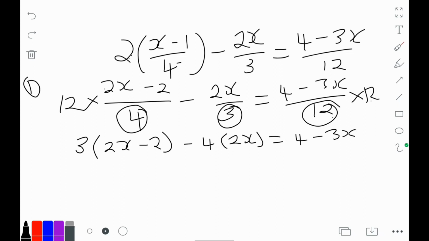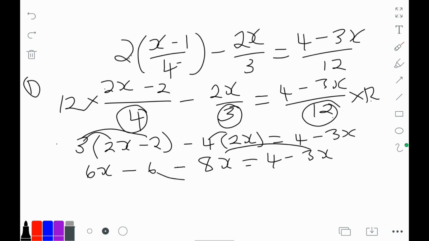Now we multiply 3 by 2x minus 2, so it's 6x minus 6 minus 8x, equals 4 minus 3x. I'm going to group the like terms. 6x minus 8x is minus 2x.